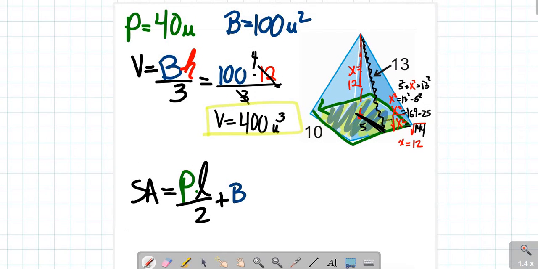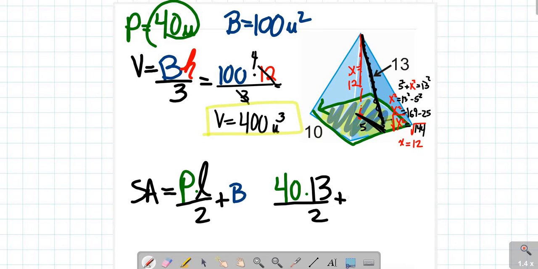Surface area is perimeter, which I already have, 40 times my slant height, which is 13 over 2 plus 1 base. So I'm just going to divide this out, make that 20.